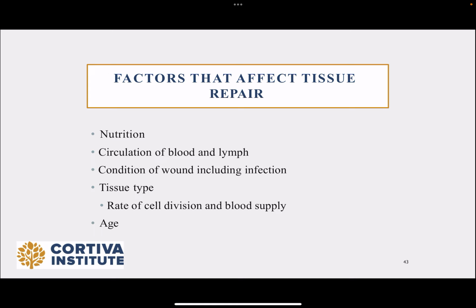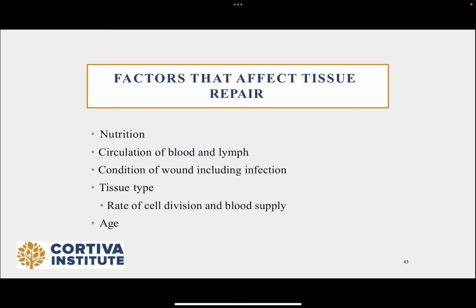There are certain factors that can affect tissue repair. For instance, the healthier you are, the better you are when it comes to bouncing back. But if I have a poor nutrition level, it's going to take me longer to heal. If I have a lack of circulation, blood, and lymph, it's going to take me longer to heal. Why?